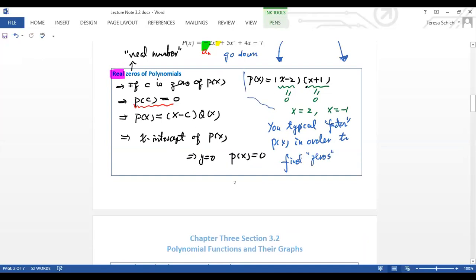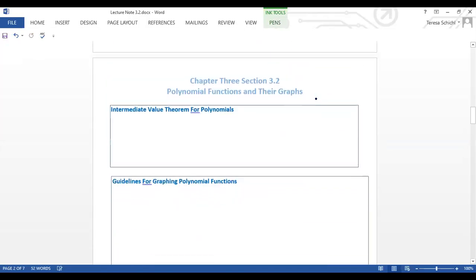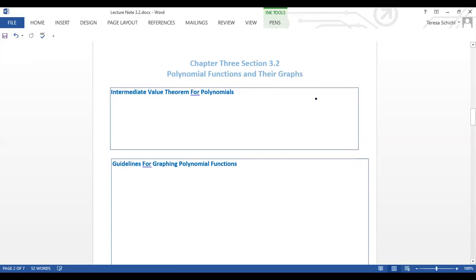You factor it, and then we can find the zeros. The next thing we're going to talk about is the intermediate value theorem for polynomials.